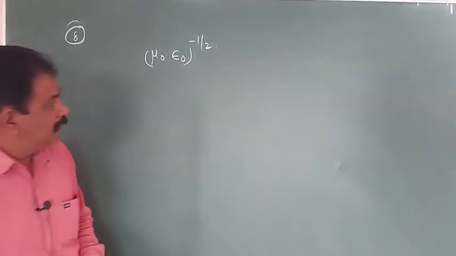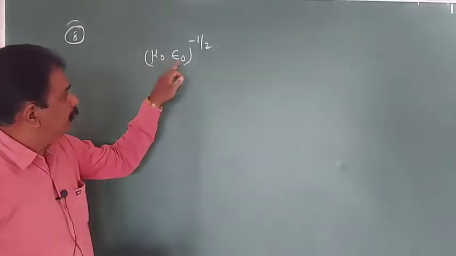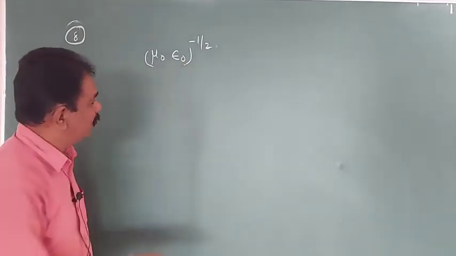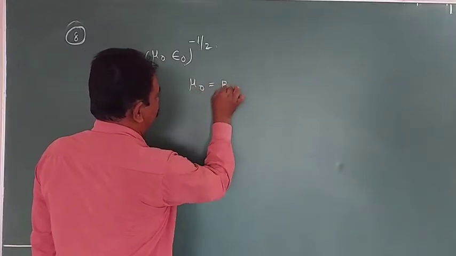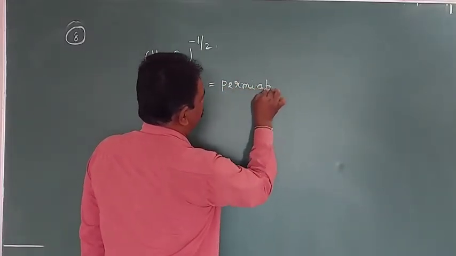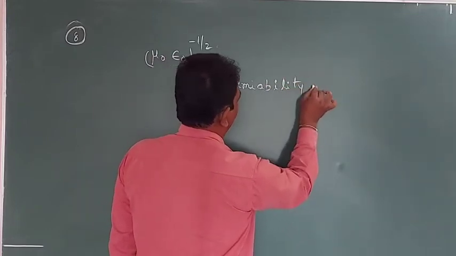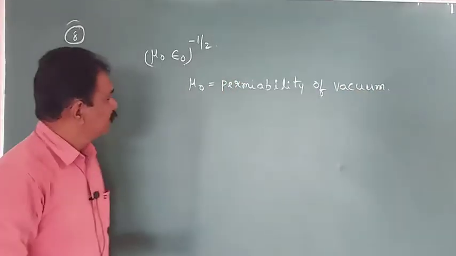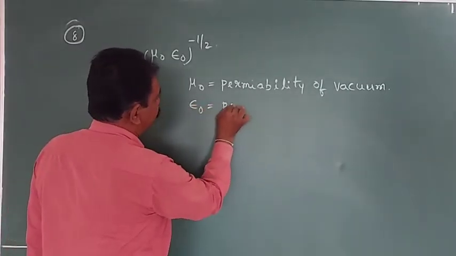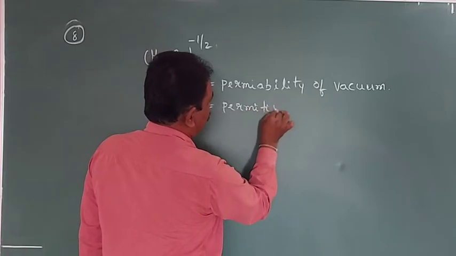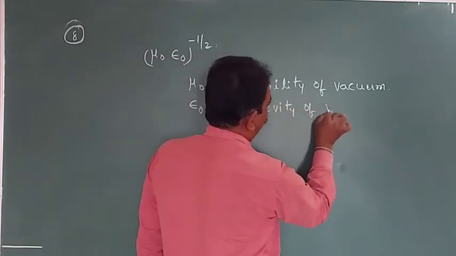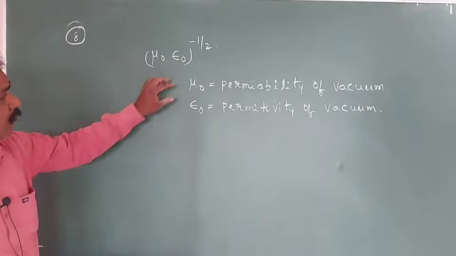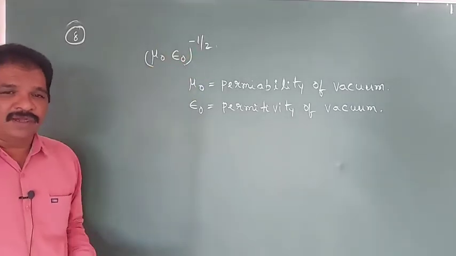Here mu naught means permeability of the medium or vacuum, and epsilon naught means permittivity of vacuum. If you don't know the meanings of these, it's not a problem.